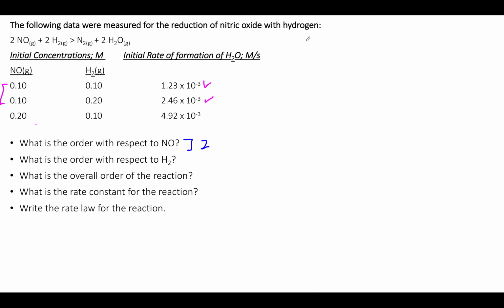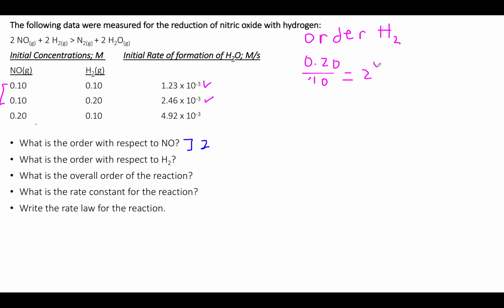So first I'm going to look at order with respect to hydrogen gas. So same thing here. I'm going to take the 0.2 over the 0.1, and once again I get 2.